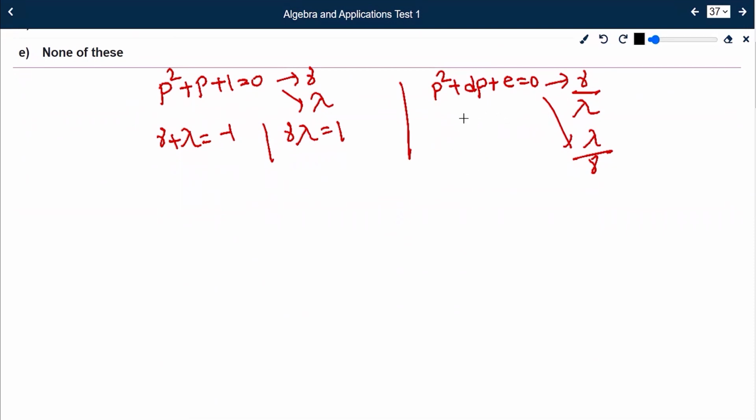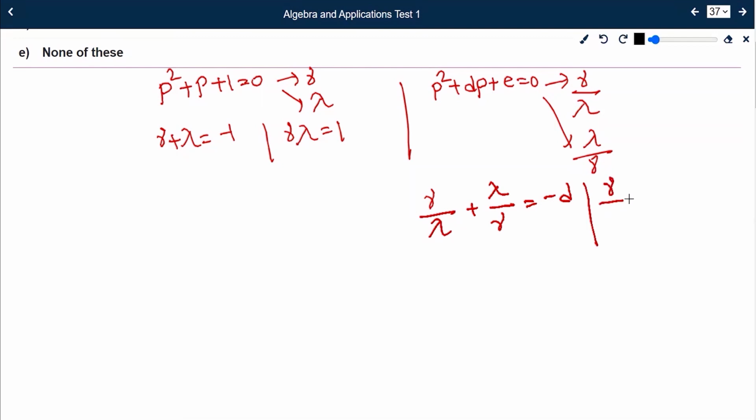For this quadratic equation, we can write the sum equals minus D, correct?